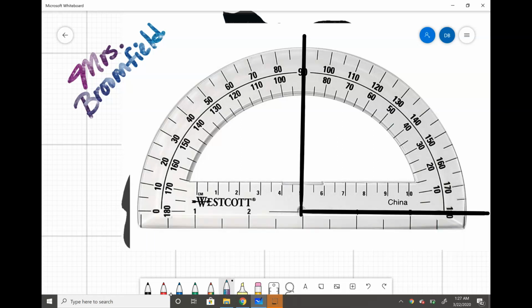If I was to draw a box right here in the corner, that box sits perfectly in this corner. Anytime I can draw a box that fits perfectly inside of a corner and the lines go straight up and straight across, those type of lines are called perpendicular lines. Let me write that word down for you.